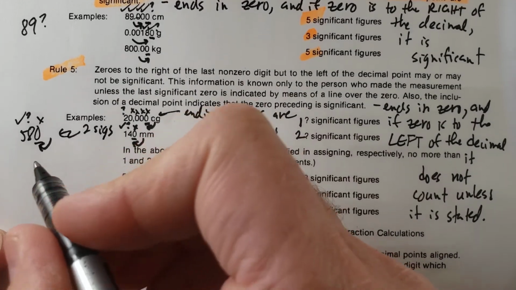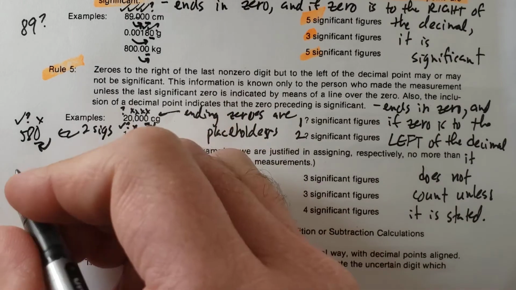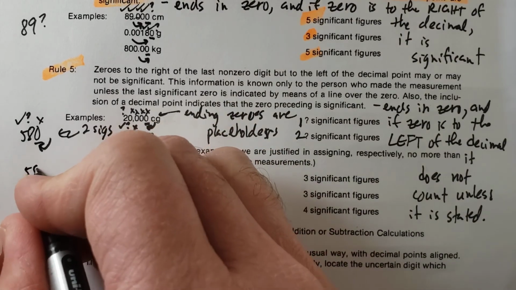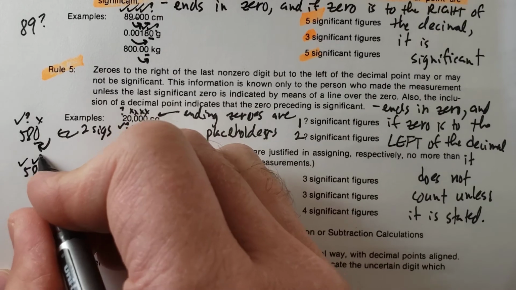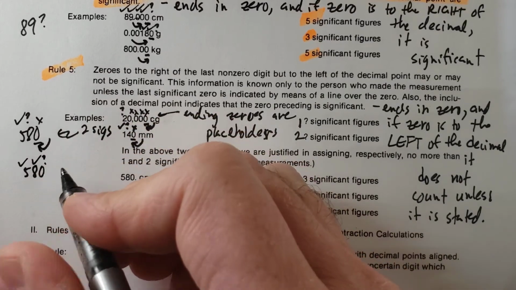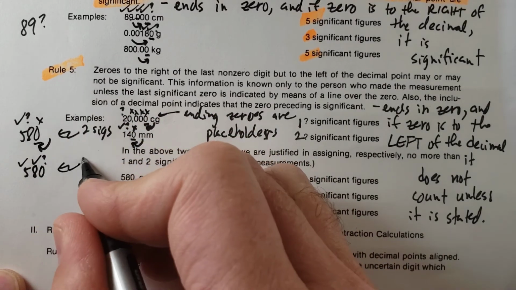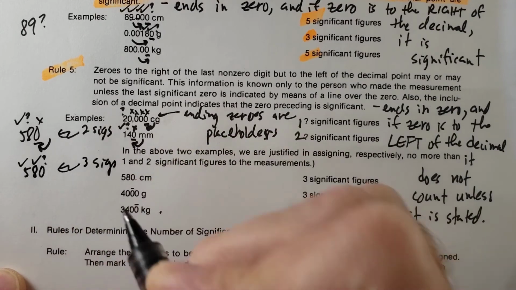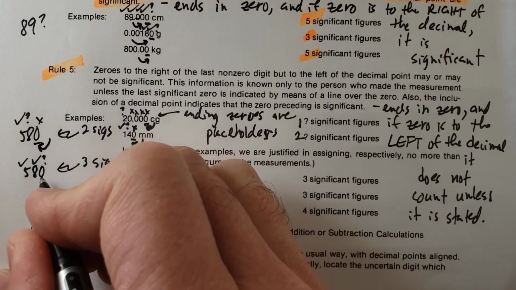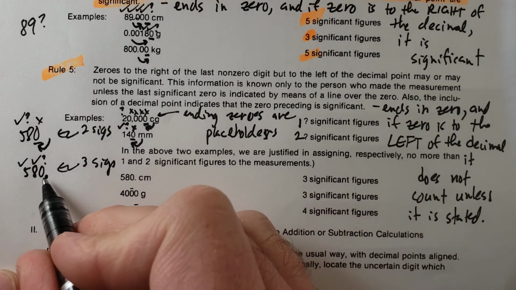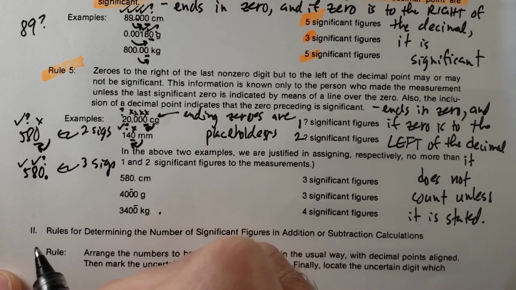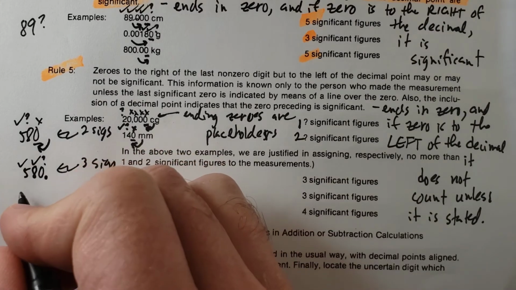But let's say our measuring instrument required us to keep that 0 as a significant figure. There's a few ways that we could say that this counts, and the 0 is actually a guessed number with 3 sig figs. We can show that in 3 different ways. We can put a decimal after. That indicates that the decimal means include that 0 before.